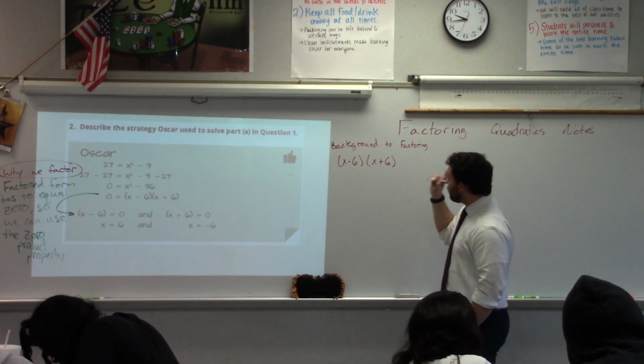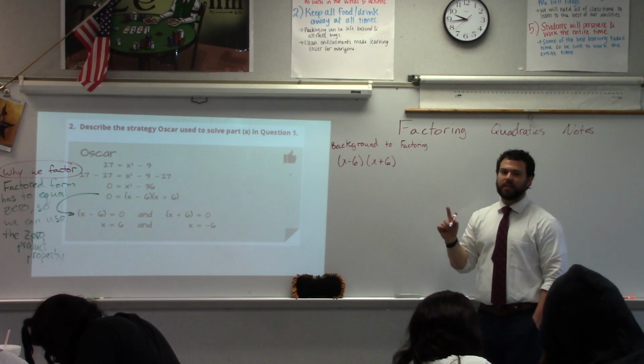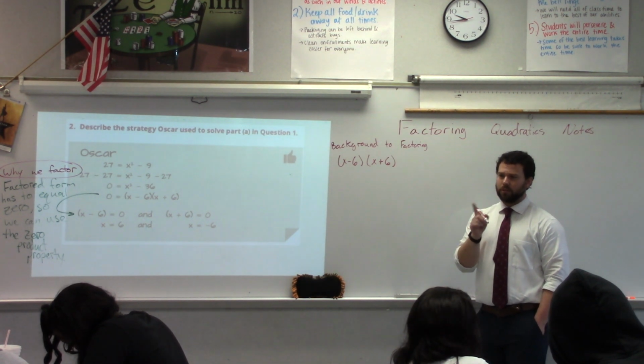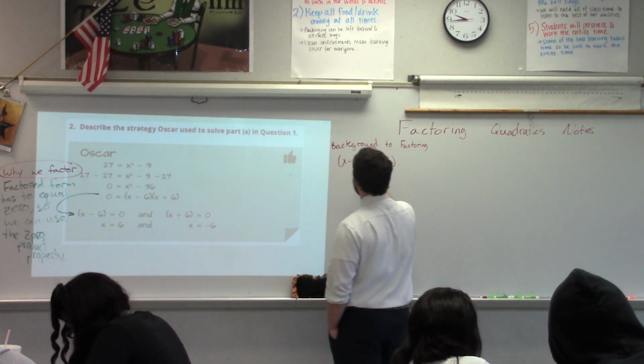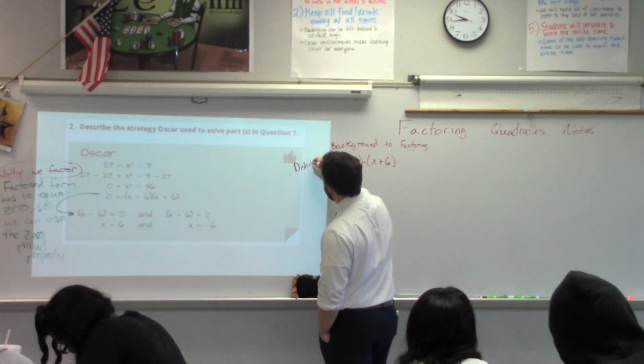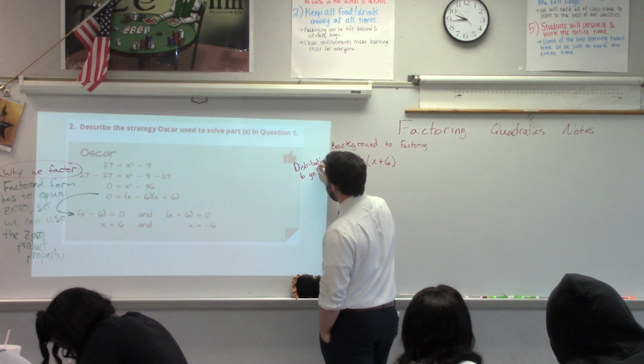We did this last unit. To go from factored form to standard form, you could either use the area model or what else could you do? Distribute. To help with this unit, I'm going to focus on distributing. And we distribute to get what form?